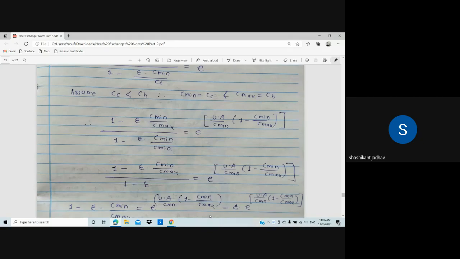Okay. Assume Cc is less than Ch. So therefore, C minimum is nothing but Cc and C maximum is nothing but Ch.